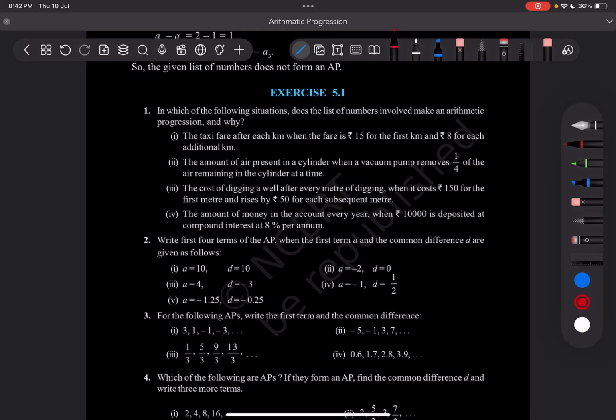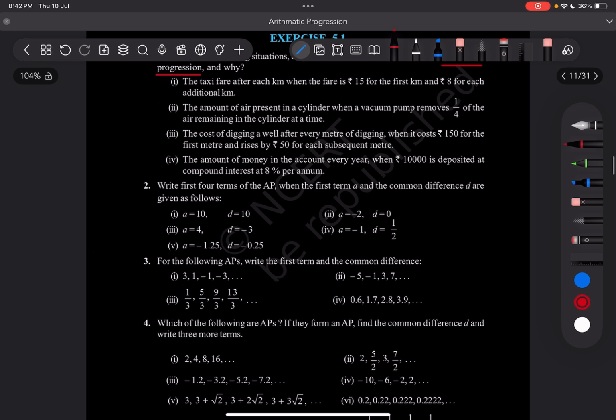Hello, learners. In this part of arithmetic progression, we will learn how to identify a sequence to be an arithmetic progression. We will also find out the first four terms of the AP.